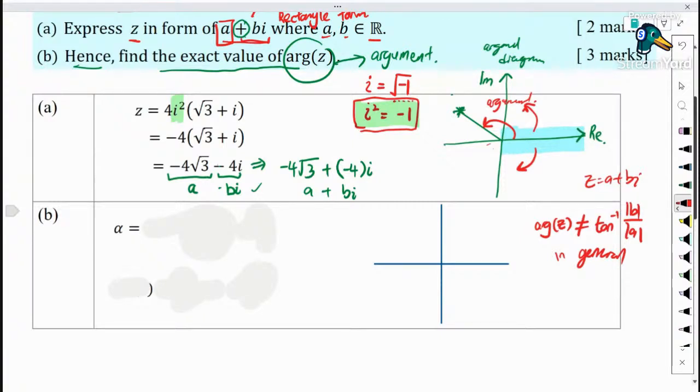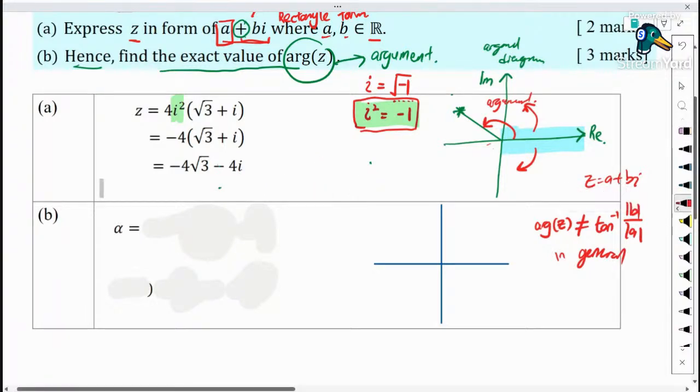Let us try to check on these questions here. Where is the argument in the Argand diagram before we try to do calculations? Okay, let's see. It's a good idea that I just keep it in this form here. Now we refer to the Argand diagram. This is the imaginary axis, this is the real.